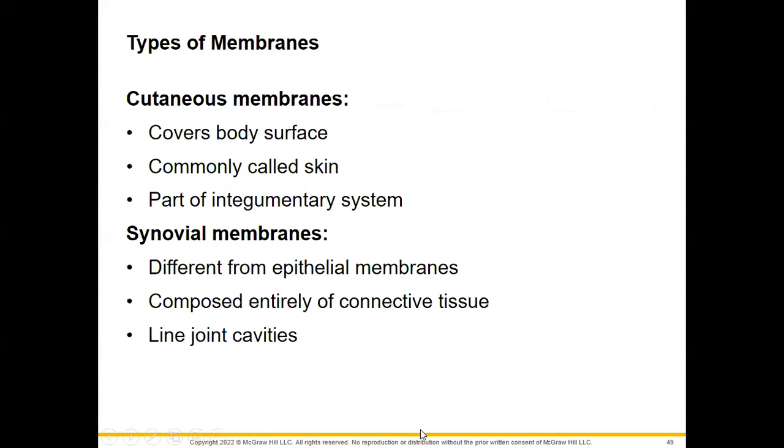Your cutaneous membrane is going to be made up of epithelium and connective tissue, and that is your skin, the surface of your body. And then we have your synovial membrane that is made up of pretty much all connective tissue, no epithelial tissue, and this is what's going to line your joints. We'll talk more about this in the joints chapter.